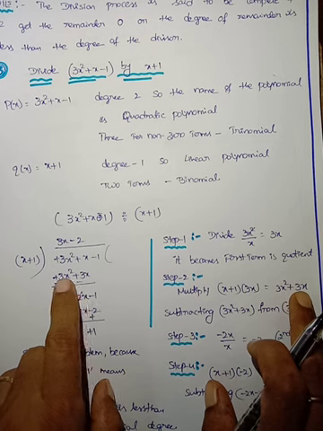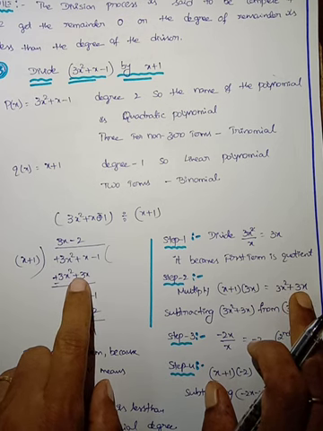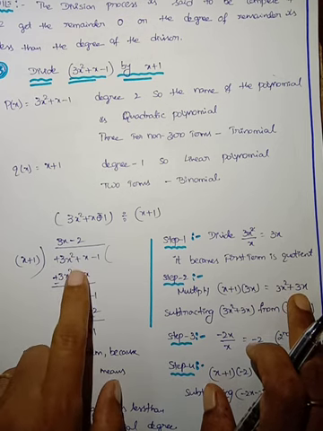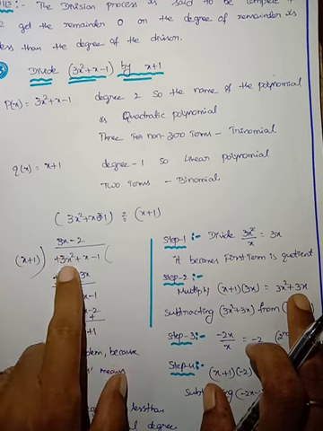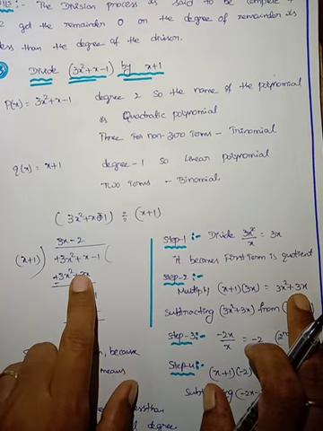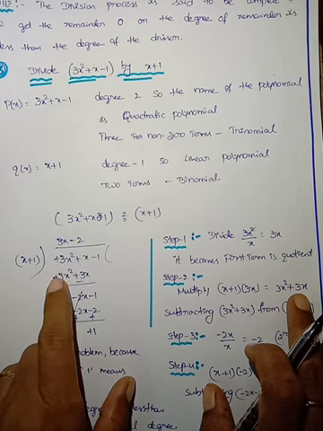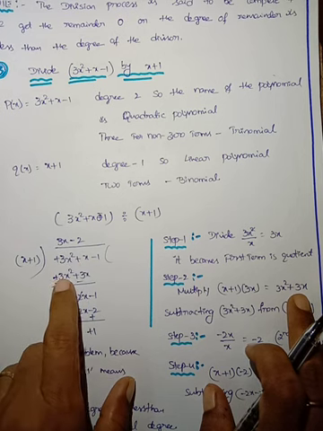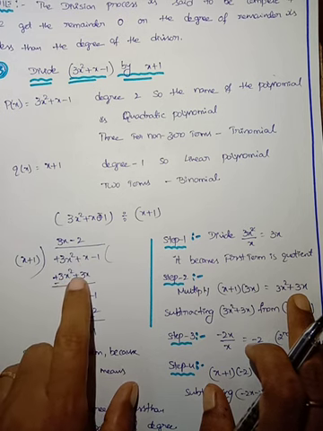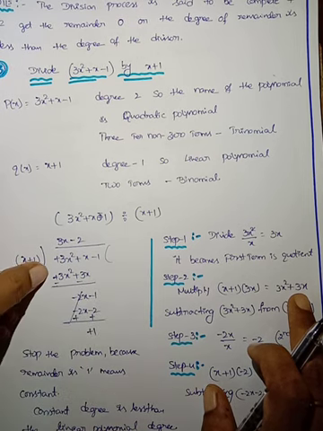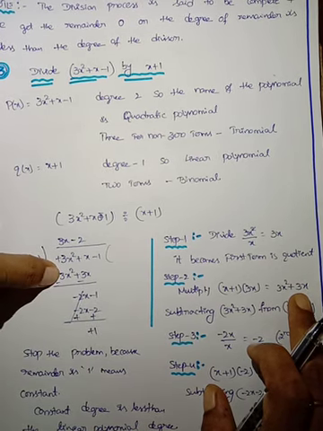3x square plus 3x. You have to subtract these two terms. Subtracting means change the sign: plus 3x square becomes minus 3x square, and plus 3x becomes minus 3x.